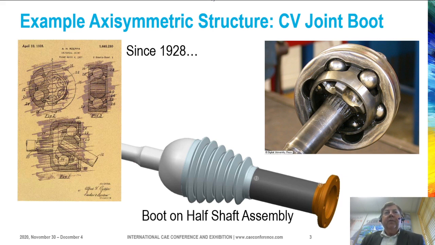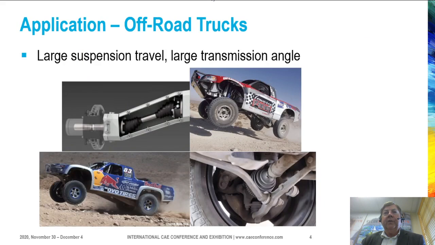CV joints have been available for quite some time. Here we see a patent application from 1928, but they became very popular as we came to have more and more front-wheel drive vehicles. CV joints are also used in off-road four-wheel drive vehicles, and in some of these applications the transmission angle may be very large.